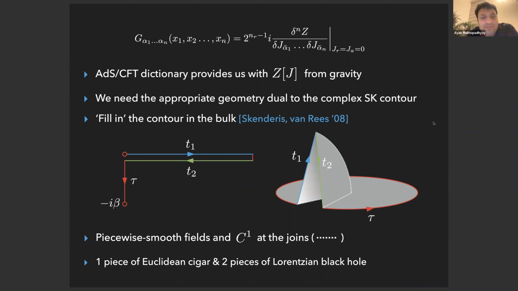So one can also look at more general settings. How much have people done in such general settings? I haven't seen anything along those lines. I've seen in-out computations in Skenderis and van Rees, for excited states.